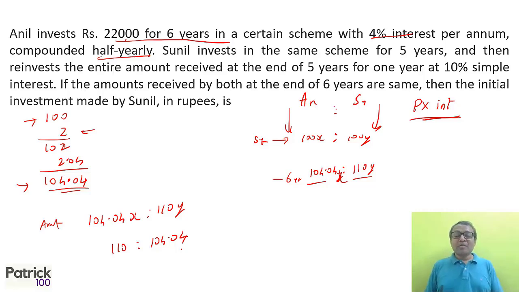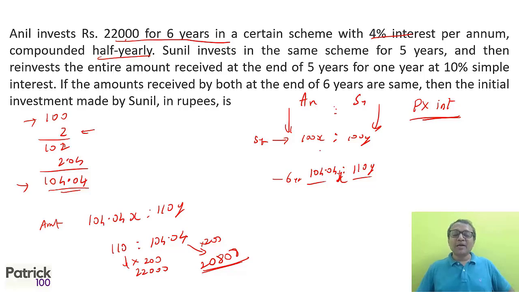Remember, if I want the same amount, and my interest is A is to B, my principal has to be B is to A. So in that case, 110 stands for 22,000, which if you solve becomes 200 times. So 104.04 into 200 will give you 20808. That will be the answer.